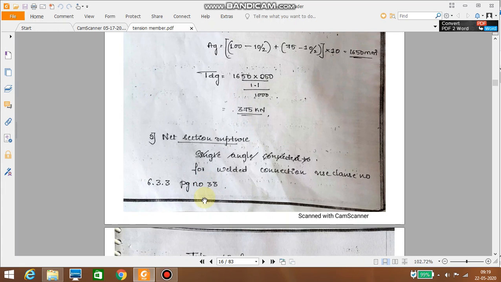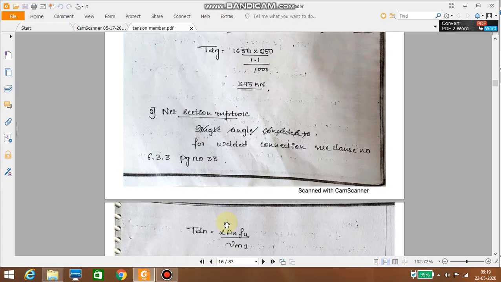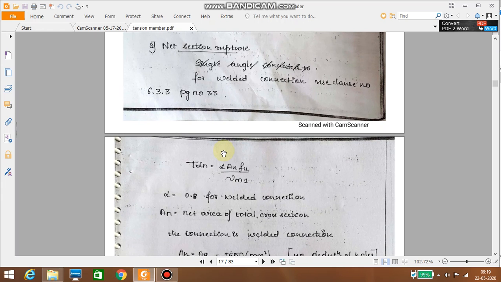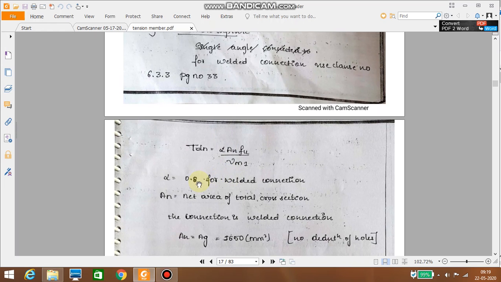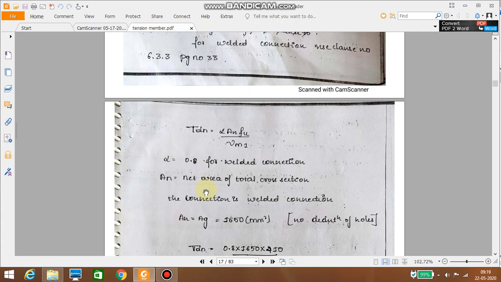Now the net section rupture. From clause 6.3.3, page number 33, we have to use the formula TDN equal to alpha into AN into FU divided by gamma m1. Alpha is equal to 0.8 for welded connection, which is given in the clause. Now AN is the net area of the total cross section.